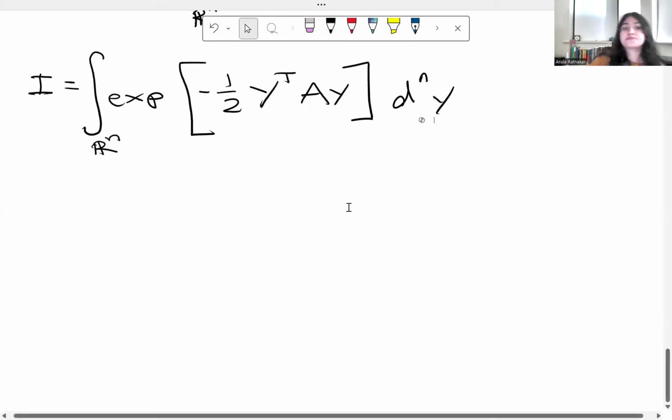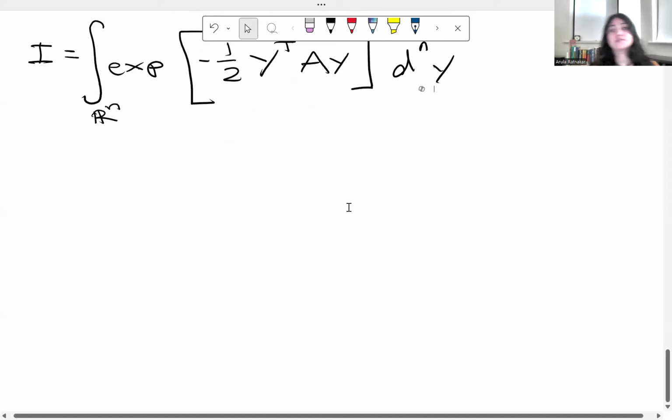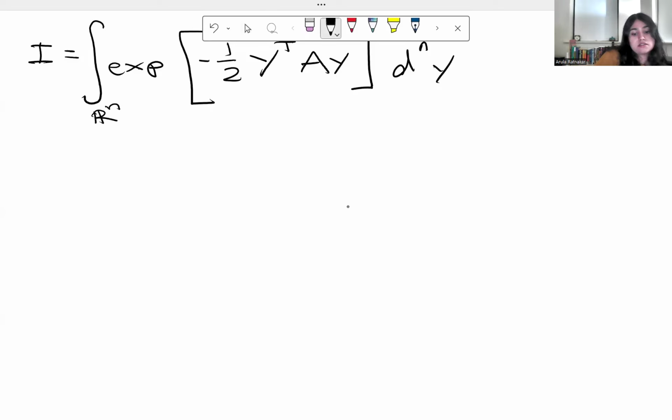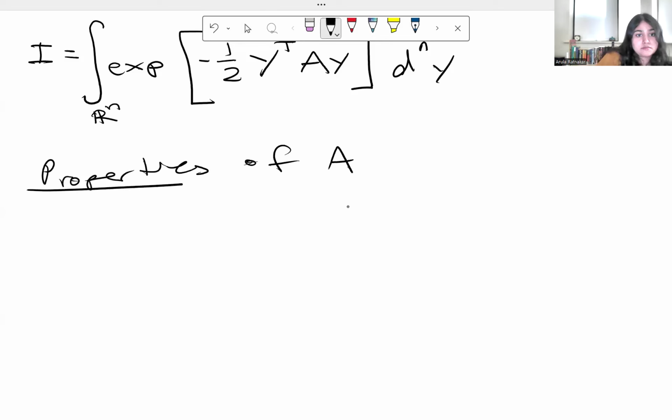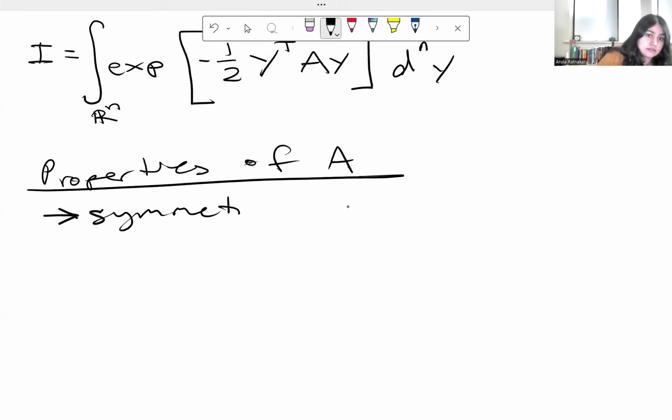When evaluating this integral, there are a few properties of A that we're setting that make this really nice. So, properties of A: A is symmetric, a positive definite matrix, and real.